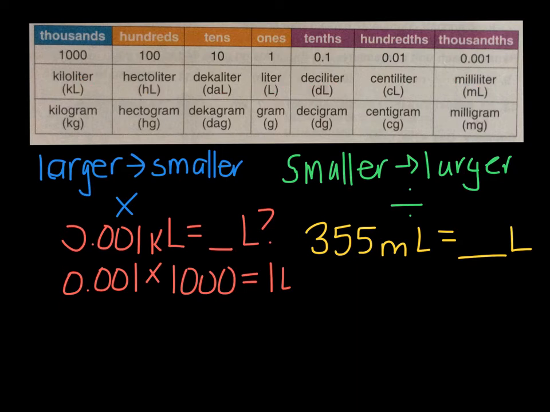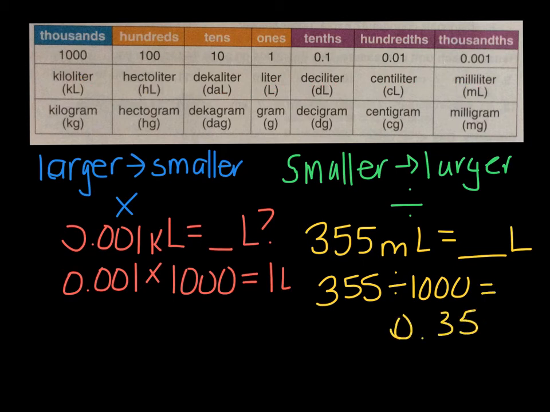So we have 355 divided by 1,000, because there are 1,000 milliliters in 1 liter. And when we divide that, we get 0.355 liters.